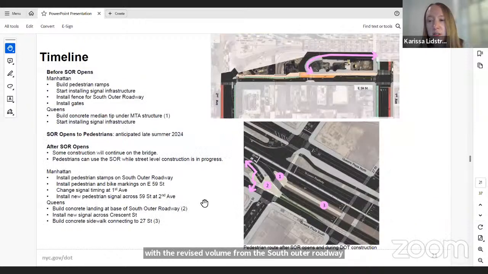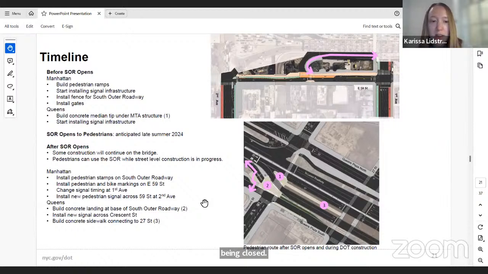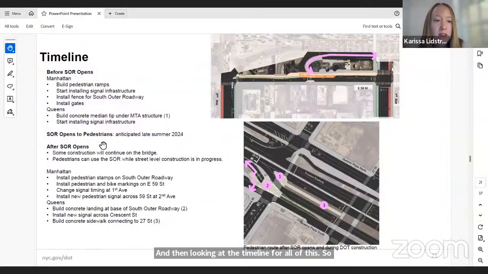And then looking at the timeline for all of this. This work is dependent on when the South Outer Roadway is going to be opening to pedestrians, and that's anticipated for late summer of this year. But we are hoping to do some of this work before that happens.